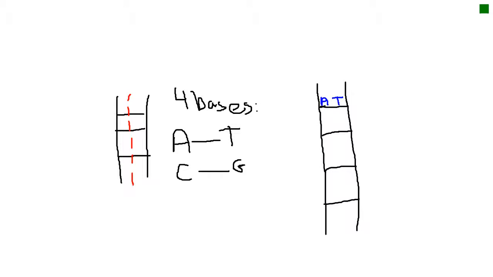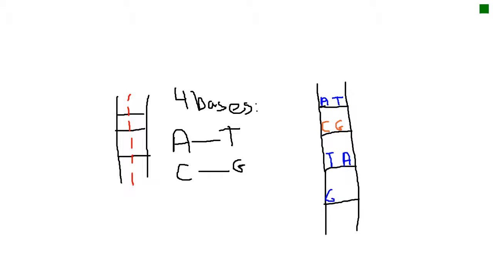If we have cytosine on this side, we're going to have guanine on this side. Likewise again, if we have thymine here, then we're going to have adenine here. We have guanine here.